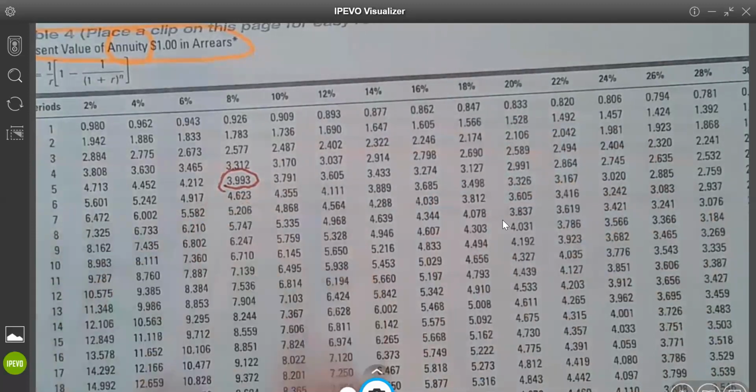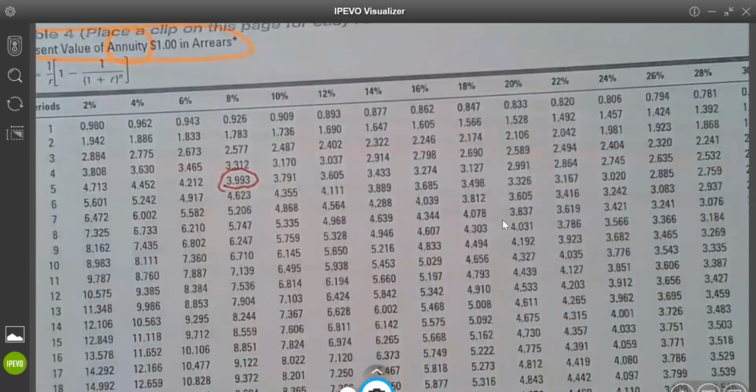So I do this with you, okay? You don't need to do it every year. You get the 5 years by doing one step of calculation.